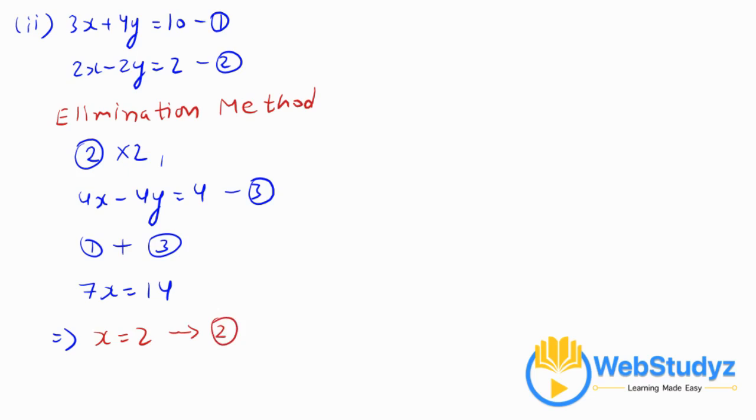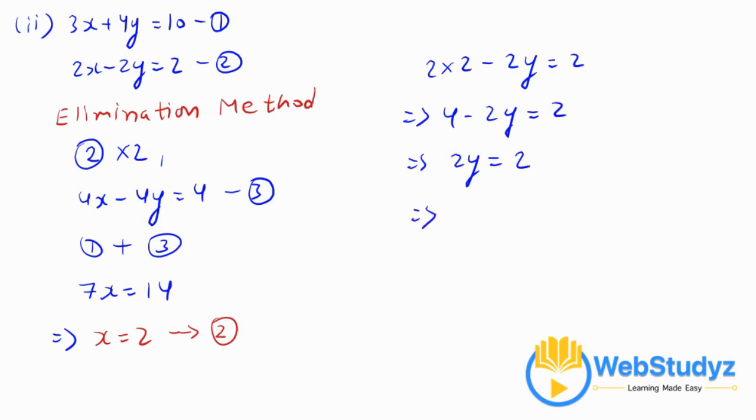What we get, 2 into 2 minus 2 into y is equals to 2. This will be 4 minus 2y equals to 2. This will be 2y equals to 2. So from here we get the value of y as 1.